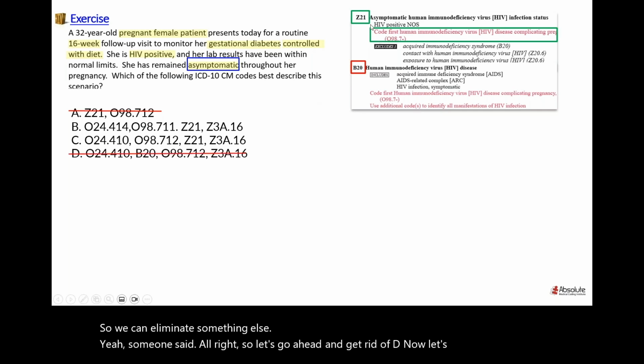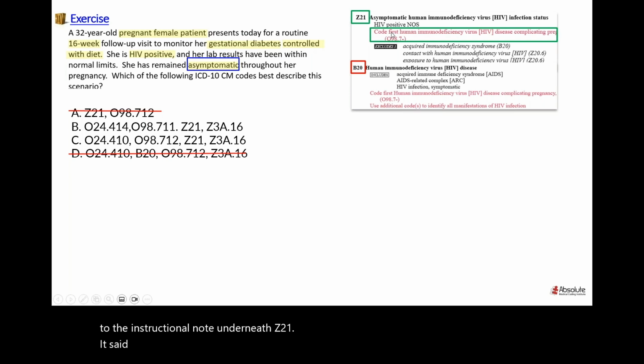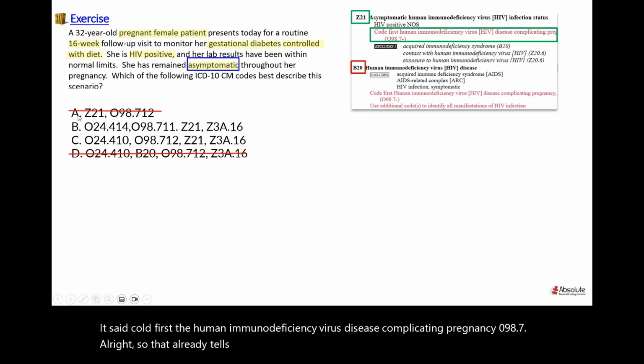Now let's turn our attention to the instructional note underneath Z21. It says code first the human immunodeficiency virus disease complicating pregnancy, O98.7. So that already tells us that A is wrong because they are not coding it first.